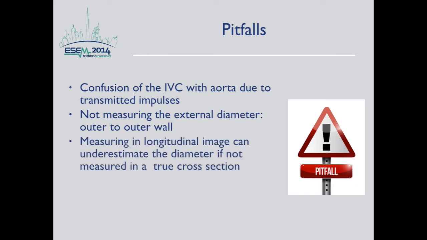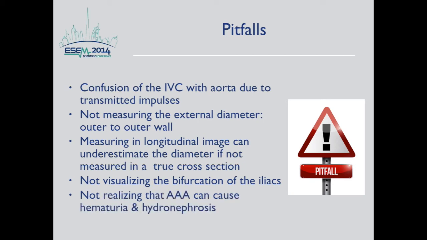Measuring in a longitudinal image can underestimate the diameter if not measured in a true cross-section. Other pitfalls are not visualizing the bifurcation of the iliacs, as well as not realizing that an abdominal aortic aneurysm can cause hematuria and hydronephrosis. Again, remember, males greater than 65 years old with flank pain, always screen for abdominal aortic aneurysm.